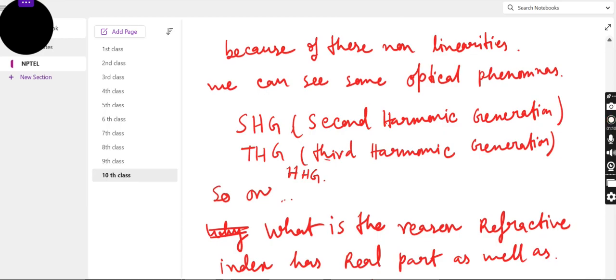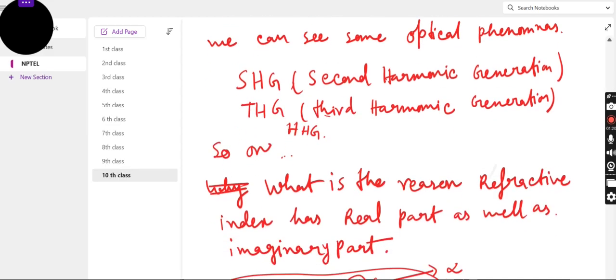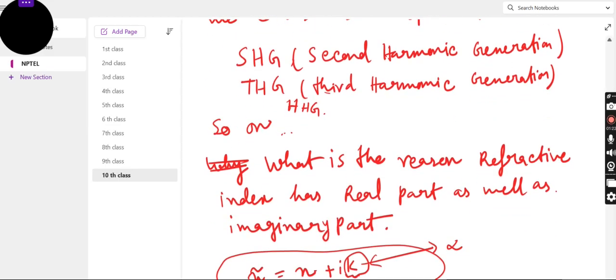Later on we will get to know that for a symmetric system we will not get even harmonics, we will get only odd harmonics. To know how these nonlinear effects take place, we need to take into account the refractive index. Up to now we believed that the refractive index has only a real part, but it would be wrong to say that.